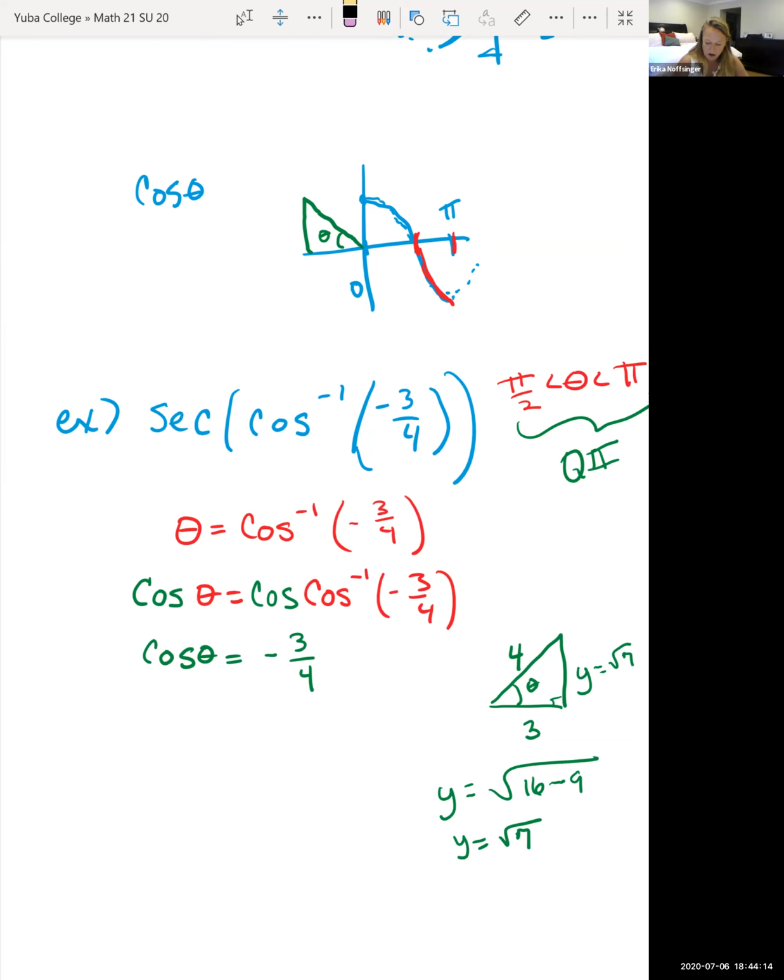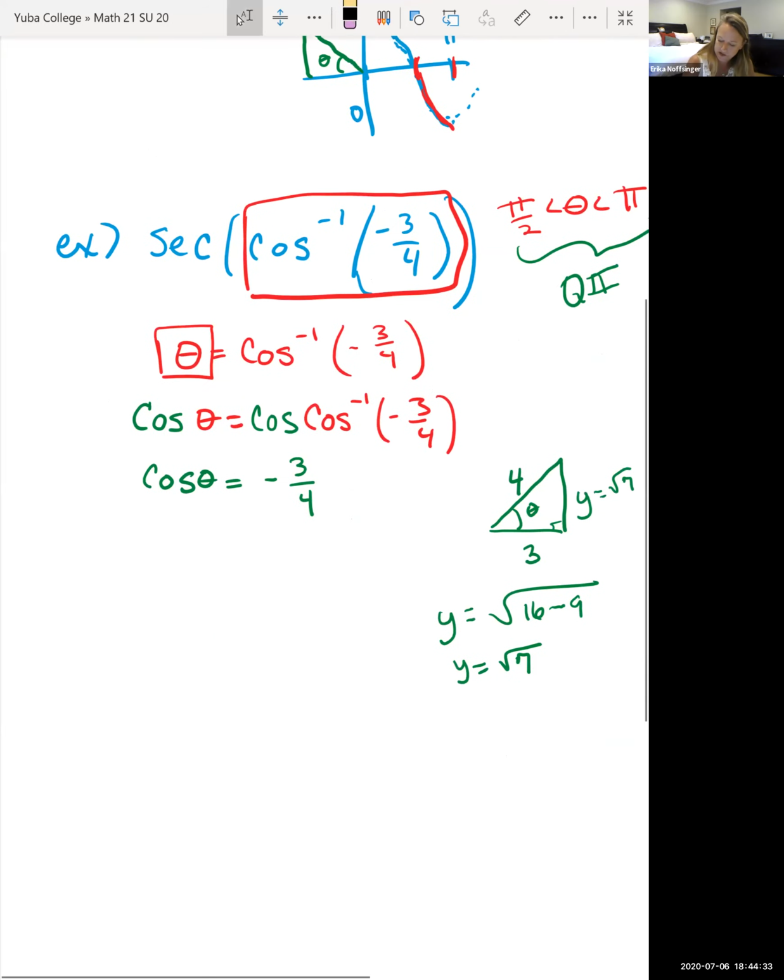But we had called theta back above here to be what we're taking the secant of. So we can replace cosine inverse of -3/4 with theta. So let's go back and rewrite this expression. Secant of that cosine inverse is the same thing as secant of theta.